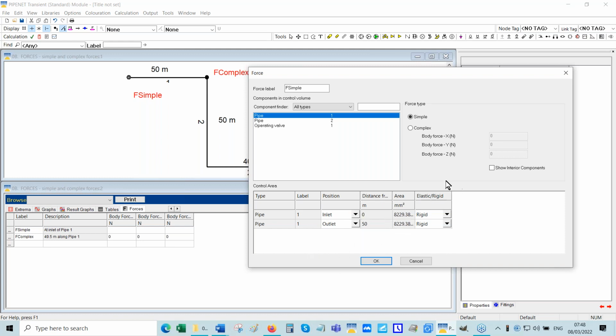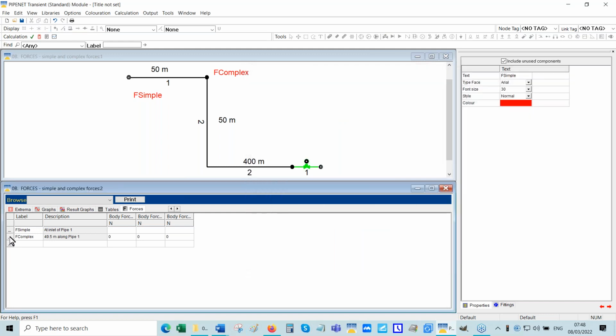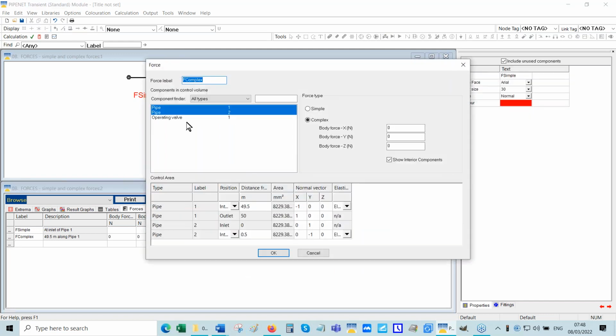And we have the options of rigid at the endpoints of that control surface. If you remember, I said that for a simple force, you can only have 2 control surfaces, and these are the 2 control surfaces, and they're both on pipe 1. Now we look at the complex force.